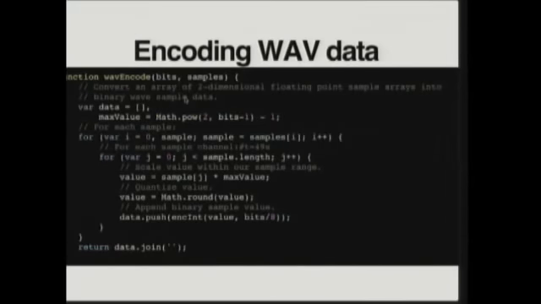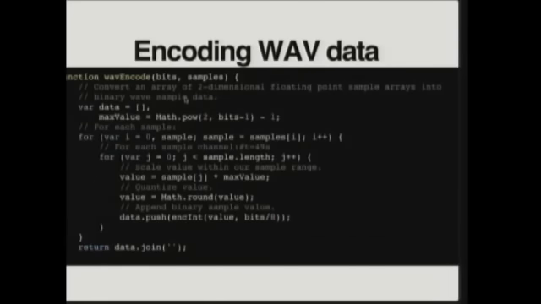I don't want to dwell on the code very much or explain how each piece fits together. But basically what we have here is we're taking a floating point value and scaling it within the number range of our samples. So for example, if I have 16 bits, well, let's just go with 8-bit samples.